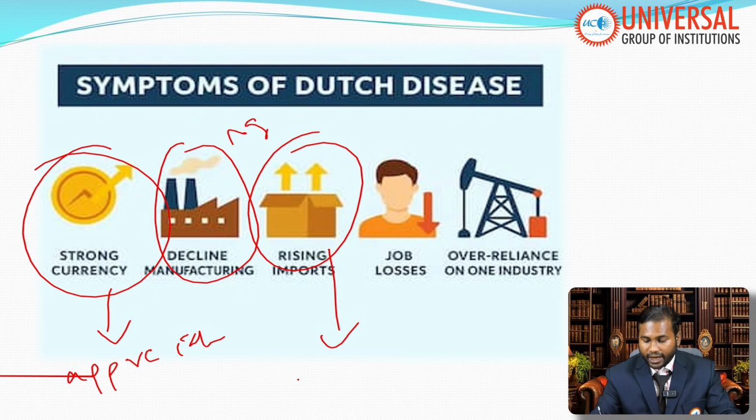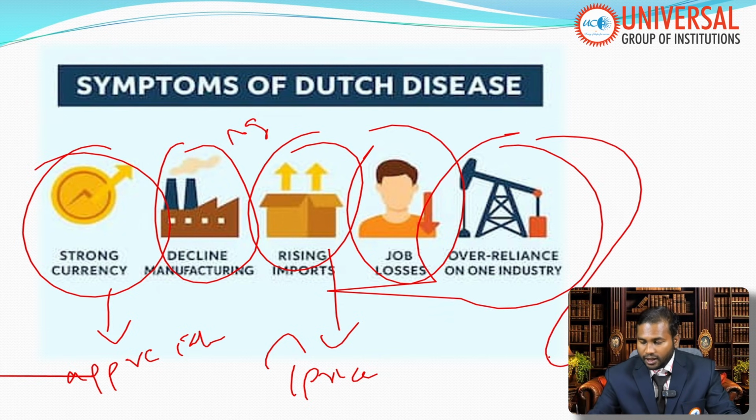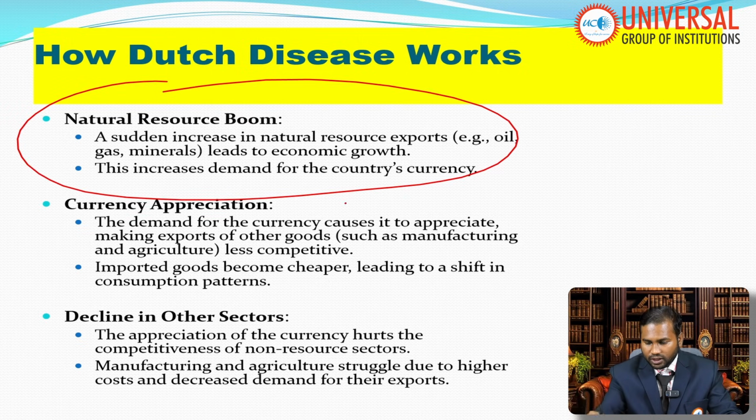Other sectors are crippled, there is no job creation, and over-reliance on one sector hampers the entire economy, making exports much costlier. This is how it works.